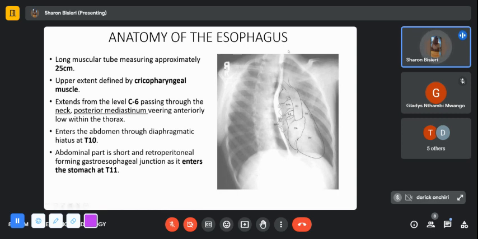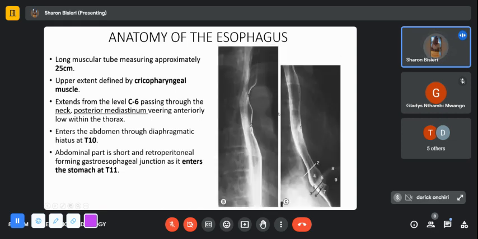This is an esophagogram and it's showing the normal anatomy. In this image, I'm sure it's familiar to us. Does anyone want to tell us what is causing the compressions on the anterior aspect of the esophagus in image B? Anyone?